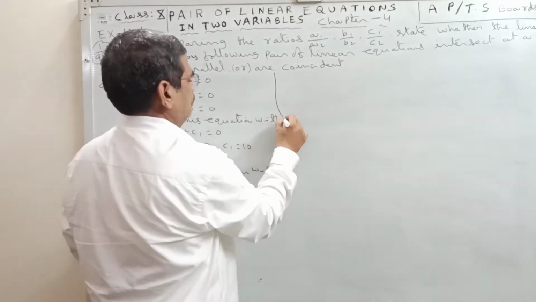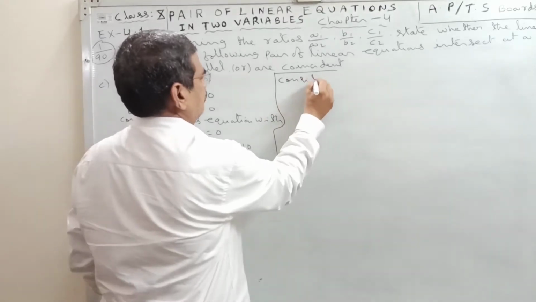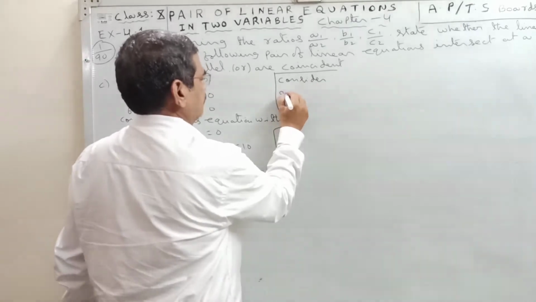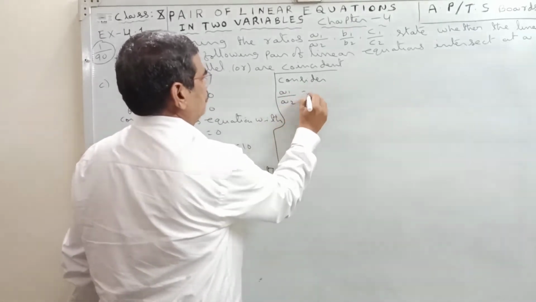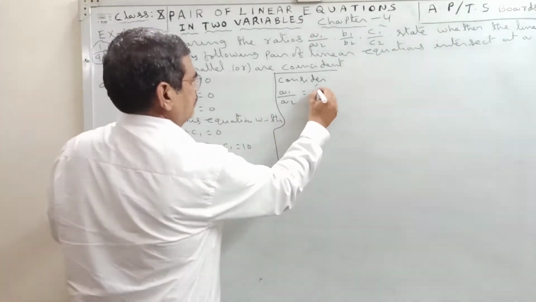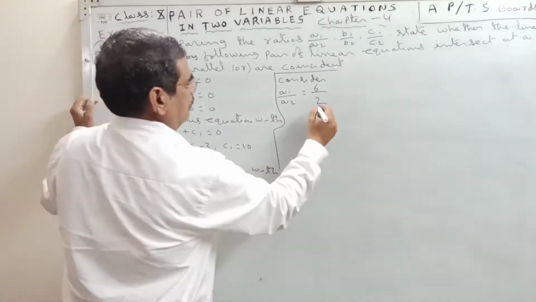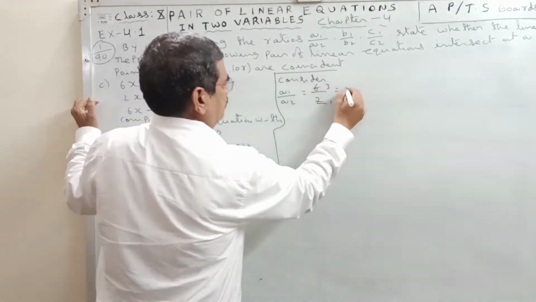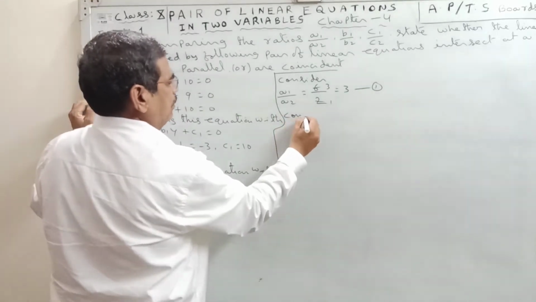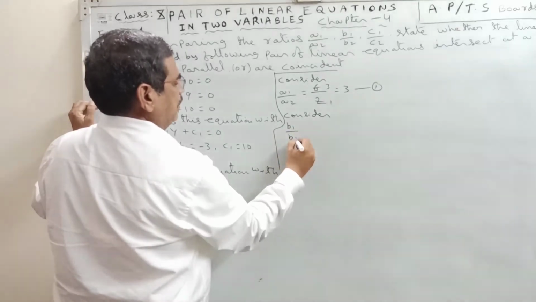Consider a1 by a2. The value of a1 is 6 and the value of a2 is 2. So 6 by 2, the 2 table will go: 2 ones are 2, 2 threes are 6. So 3. Put 1. In the same way, consider b1 by b2.